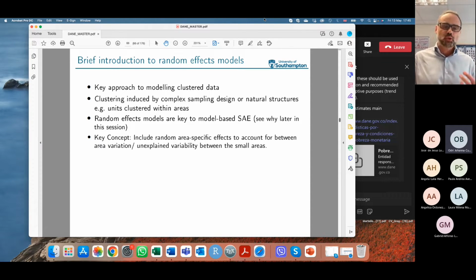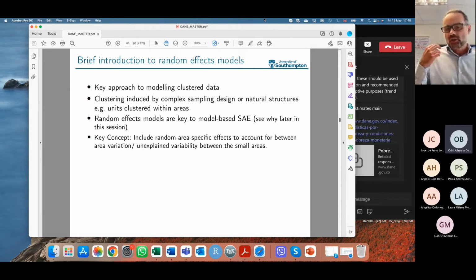Now what do we mean by clustered data here? Clustering can be induced, for example, by a complex survey design. Because you have a multi-stage design, or a clustered design, you end up with observations that are clustered. And we know that observations that are clustered, for example, within areas or within groups, may be more similar than observations that are in different groups.